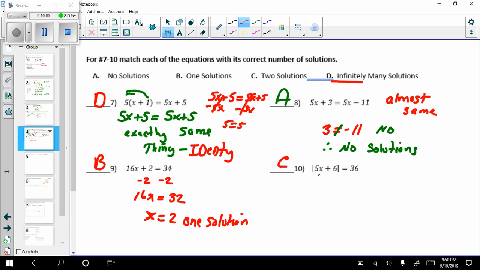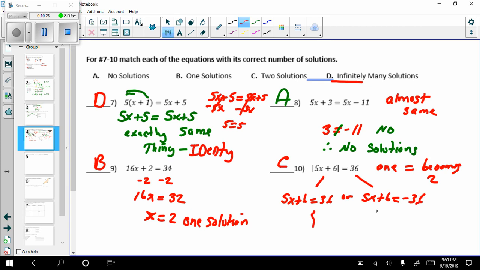Two solutions, and I was hoping that you would remember one equation becomes two. One equation becomes, that's supposed to be a C, becomes 2. Remember, 5x plus 6 equals 36, or 5x plus 6 equals negative 36.